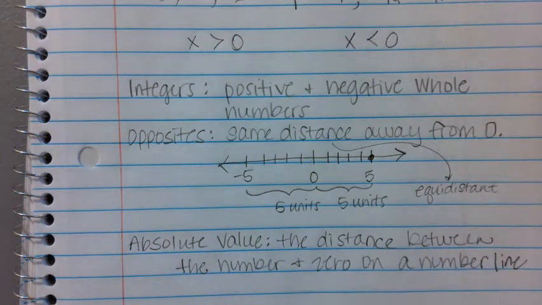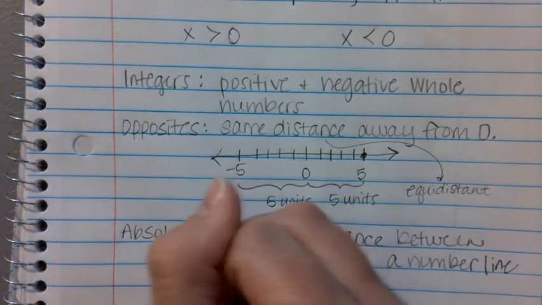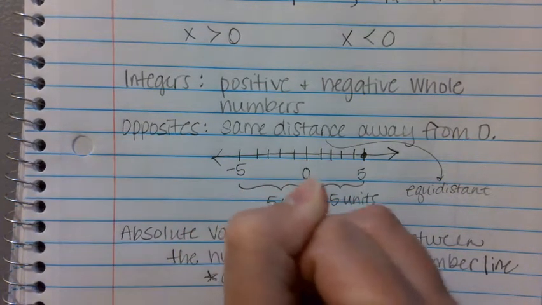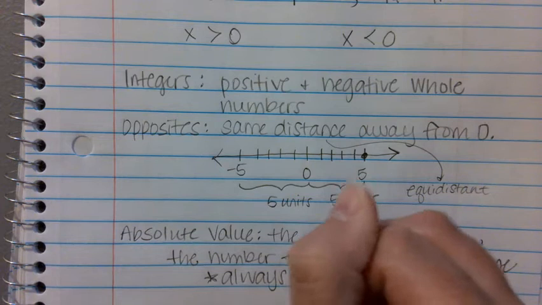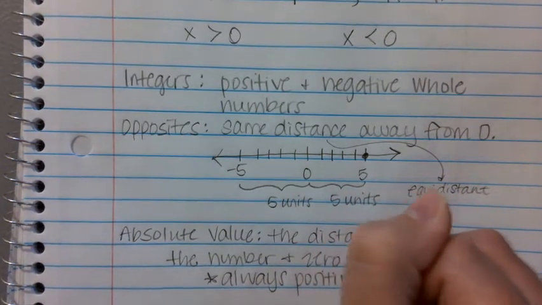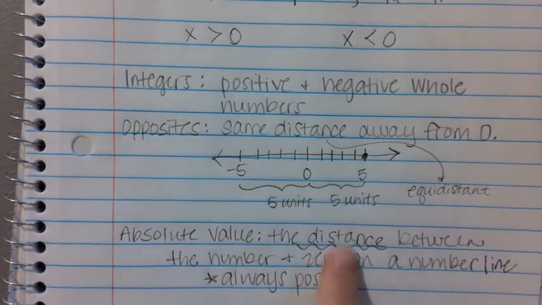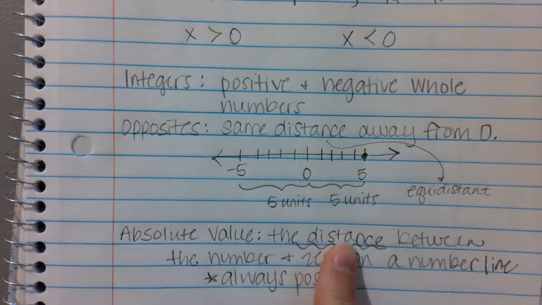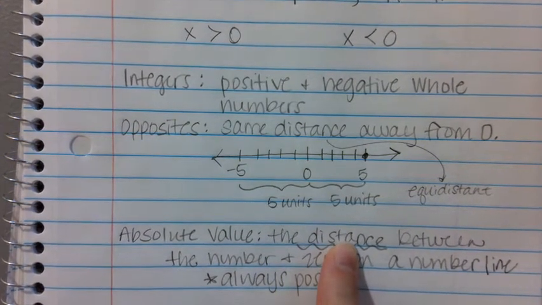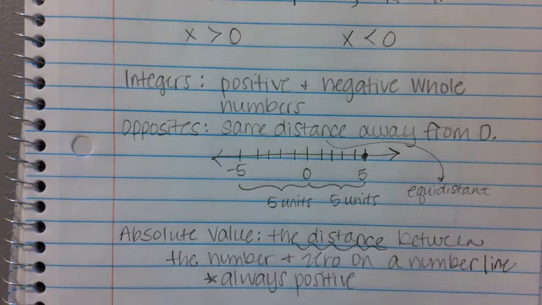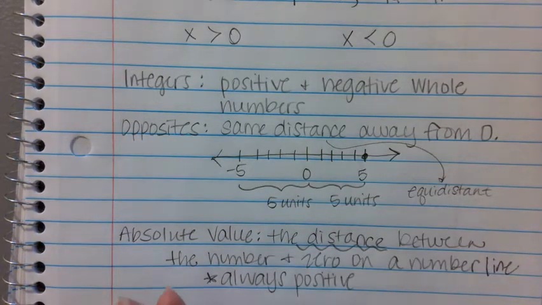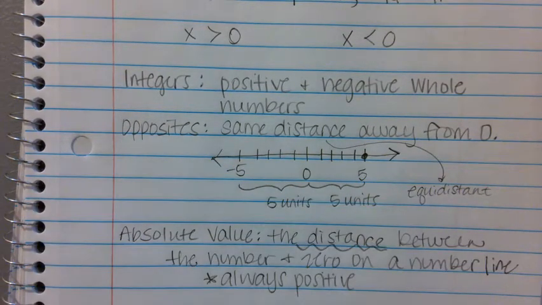One important thing to remember about absolute value is that it's always going to be positive because it's distance, right? Even if you're walking backwards, you're still taking steps. You can't retract or undo your steps. You're just changing the direction in which they go.